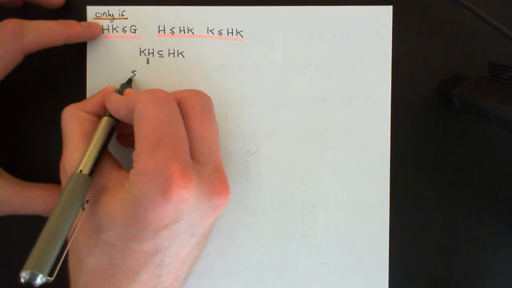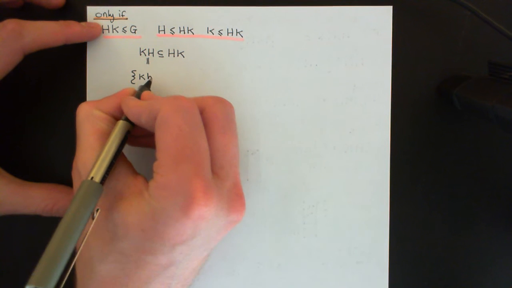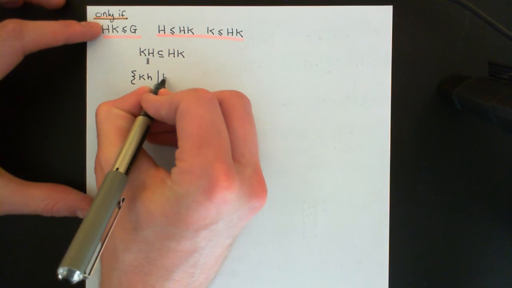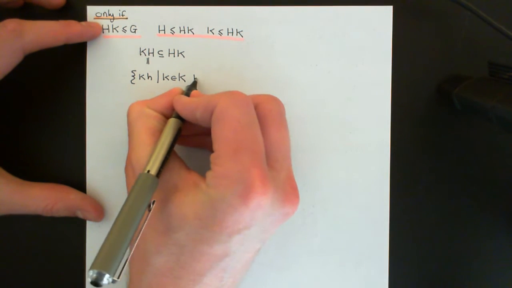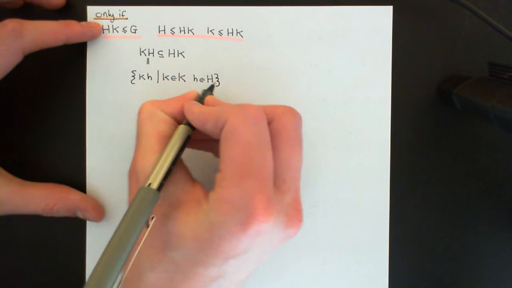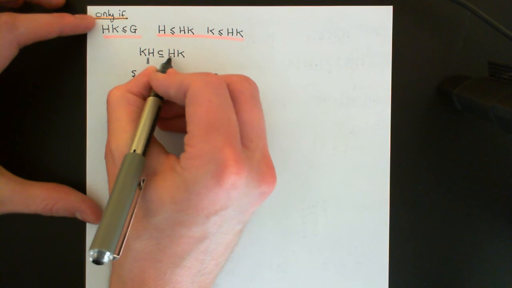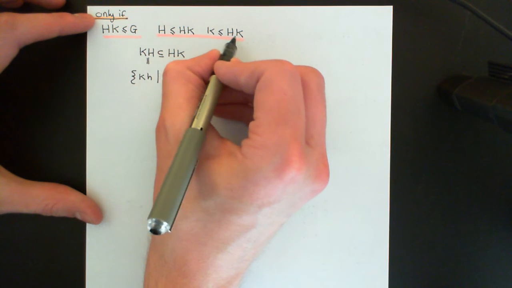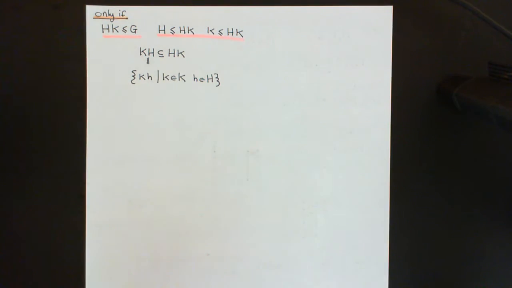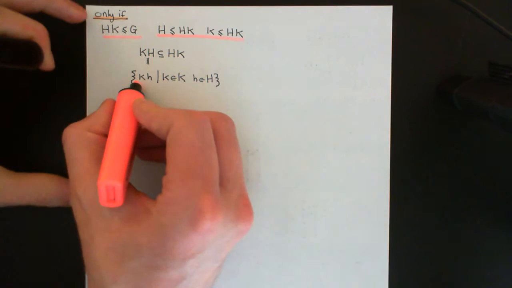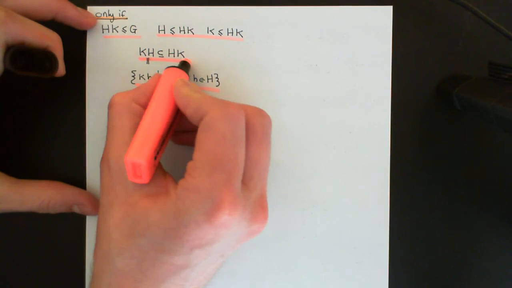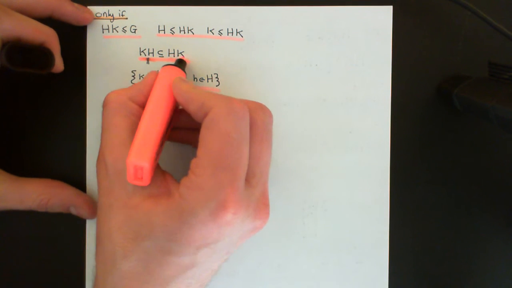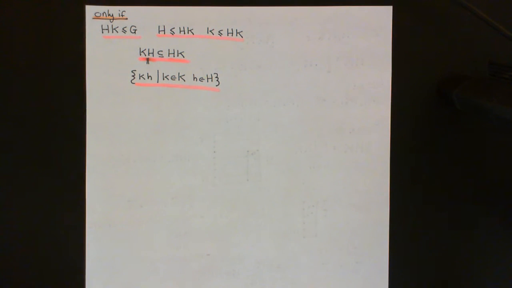All the elements in here are of the form an element of K composed with an element of H, so little k composed with little h, where little k is an element of capital K, and little h is an element of capital H. All of these products are going to have to be in this subgroup here, because all of the elements of capital H are in it, and all of the elements of capital K are in it, and it must be closed under composition. So because it's a subgroup, I can conclude that the product of K and H has to be contained within the product of H with K.